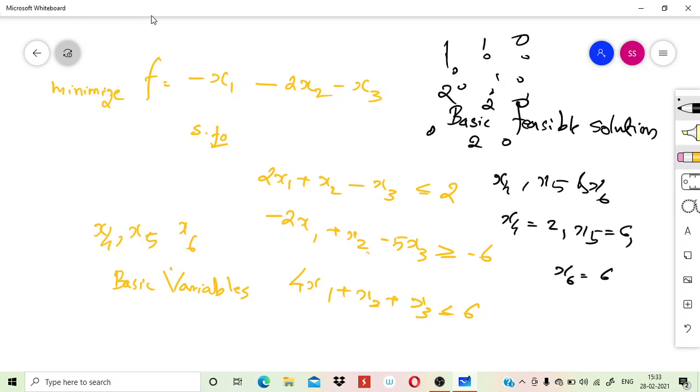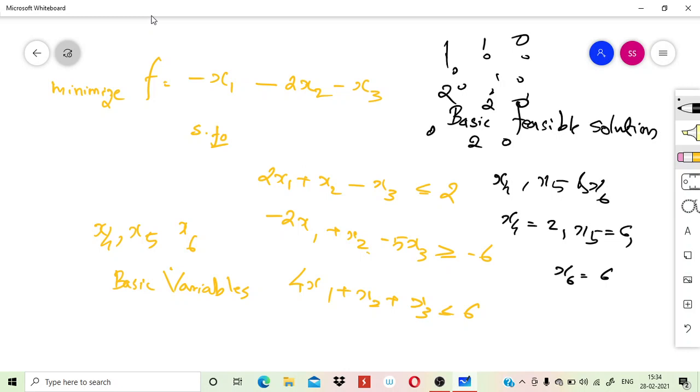In that case also, this identity matrix formulation will not happen. So in that case, we will not get the basic feasible solution, right? Basic feasible solution is impossible. So in that case, we will go for the two-phase simplex method.